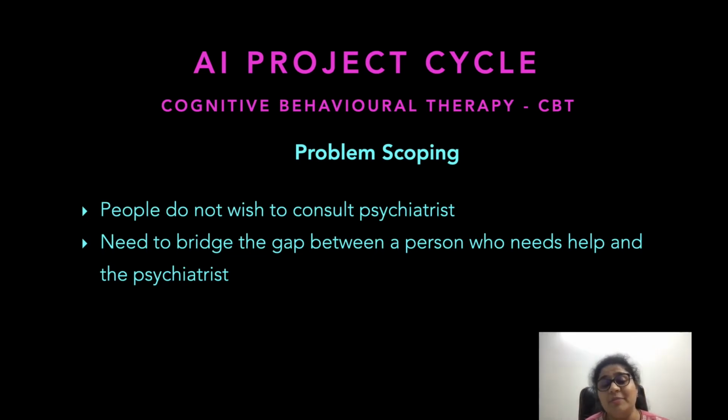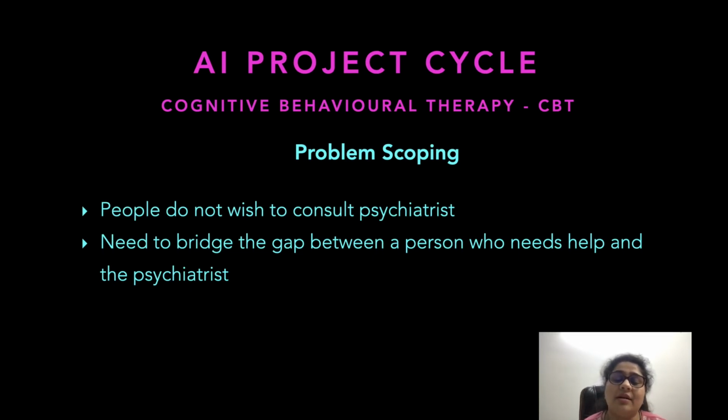The thing is, people do not want to consult a psychiatrist. As I told you, there is a mental blockage. They avoid going to the psychiatrist because they feel it doesn't look good, and they worry about what others will think. So they keep on avoiding.